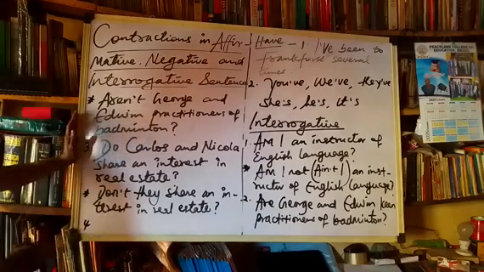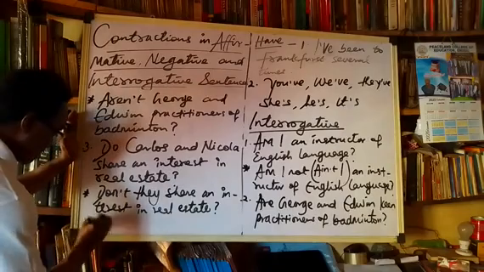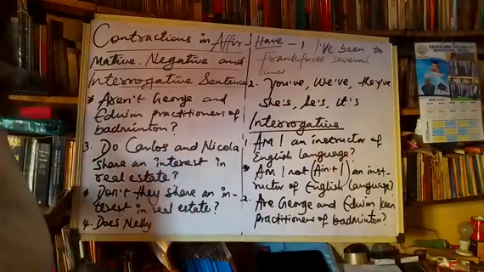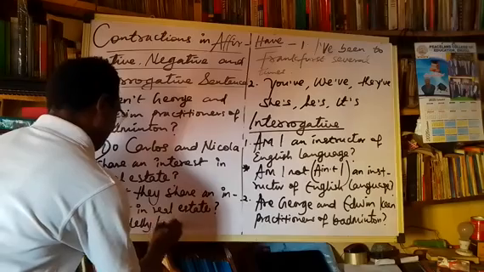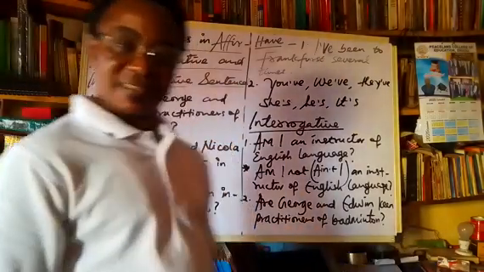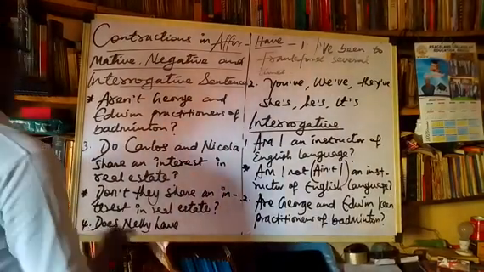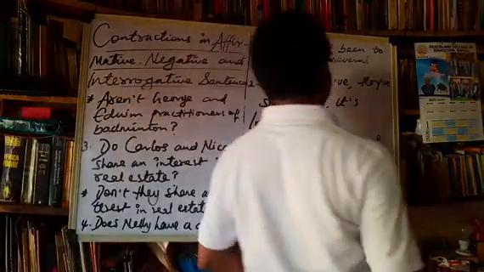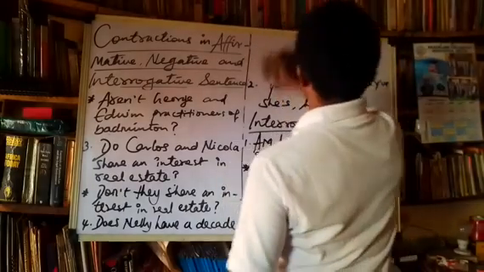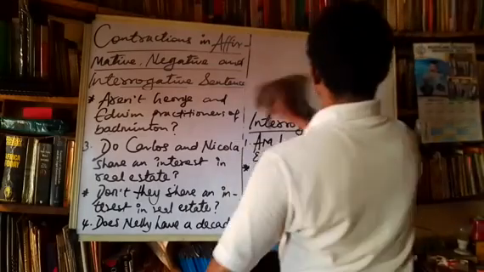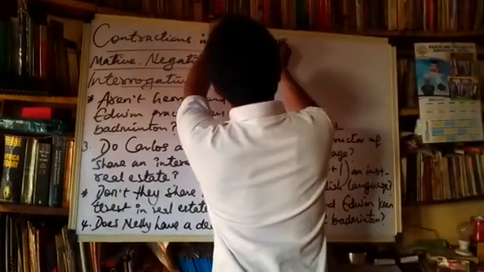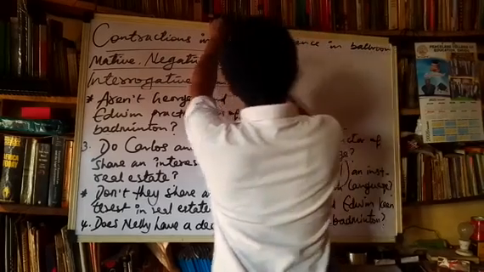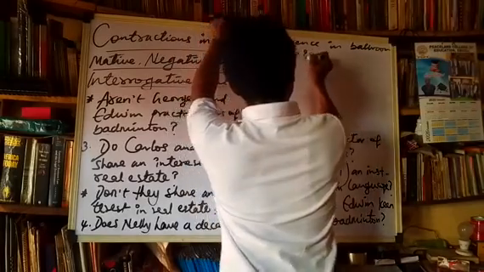So if we say does, for Nelly, which is singular, does Nelly, then we use the infinitive, which is have. Does Nelly have, but not does Nelly has. We use the infinitive have. Does Nelly have a decade experience in ballroom dancing?